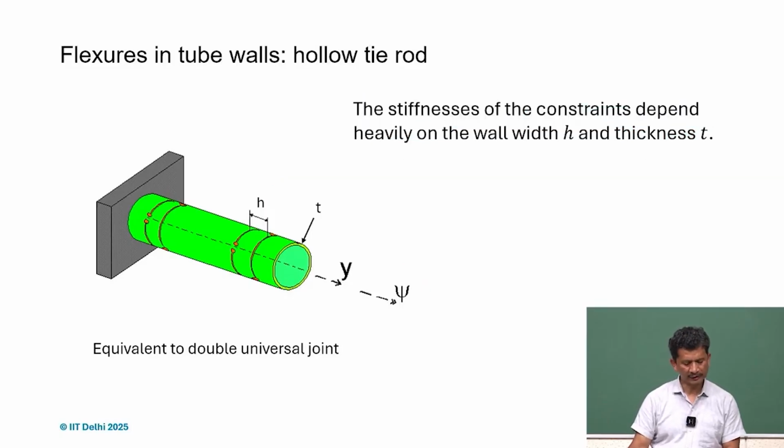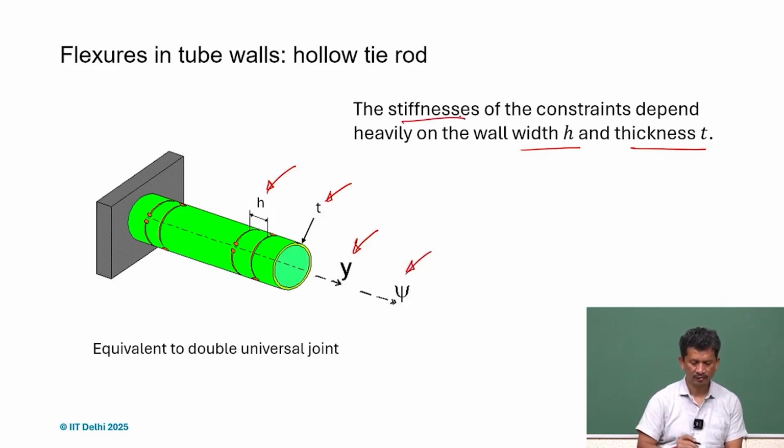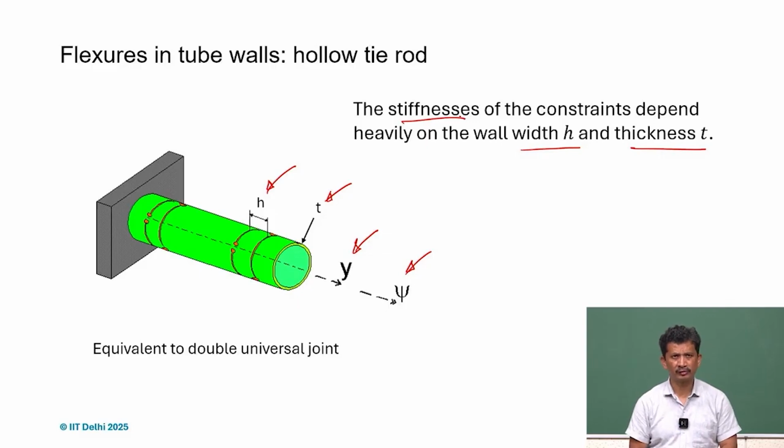We also realize that these two parameters h and t are very important, and the stiffness in the constrained directions y and psi depends on them. Depending on how we choose the thickness and the value of h, we can get different degrees of freedom and constraints.